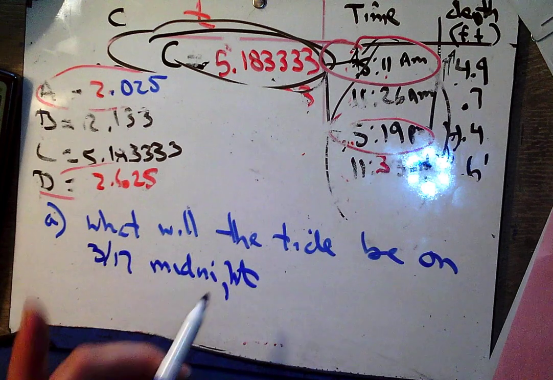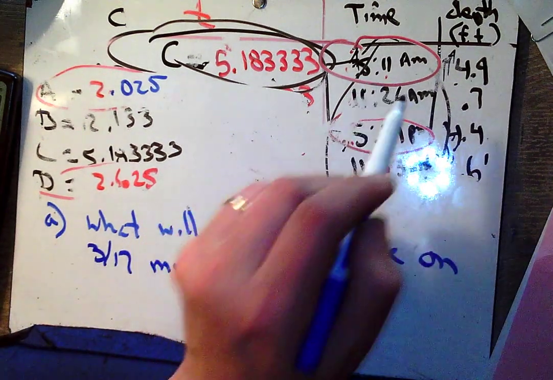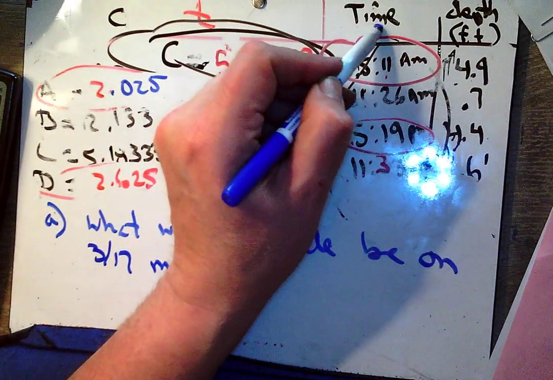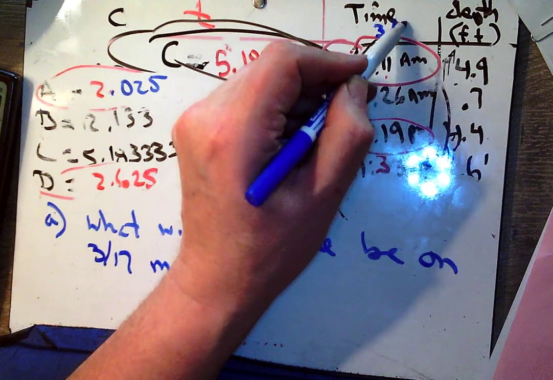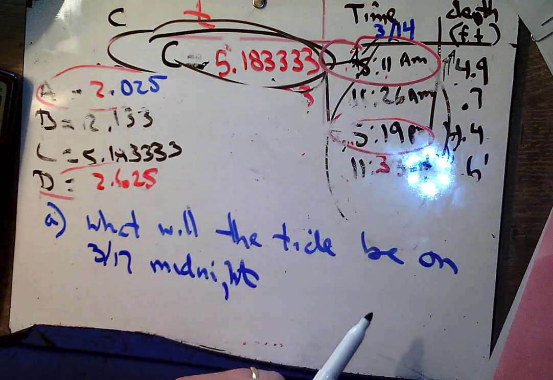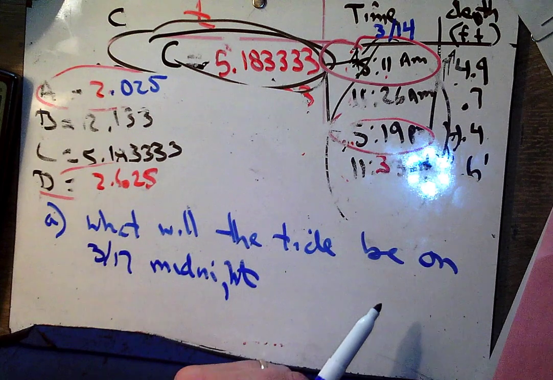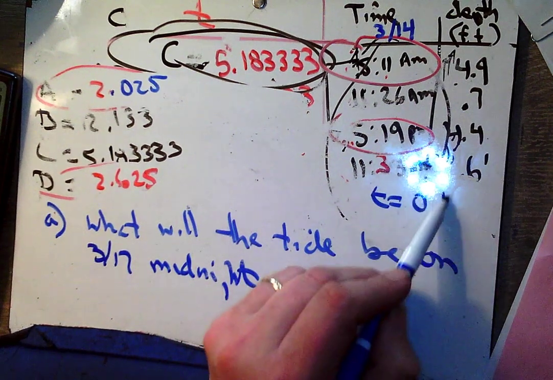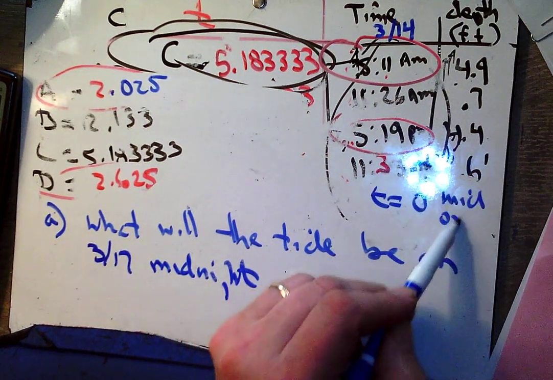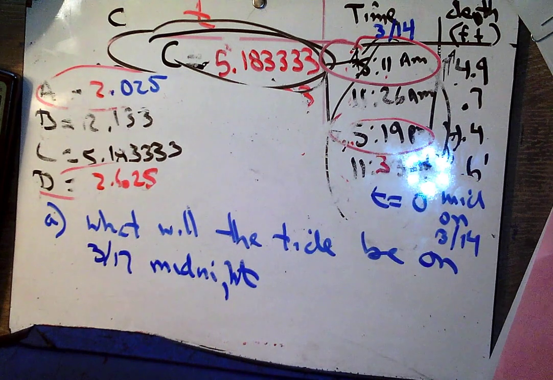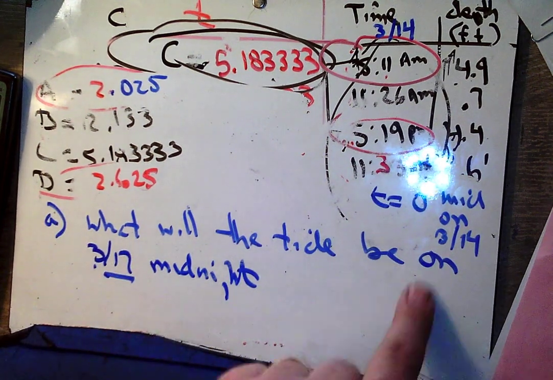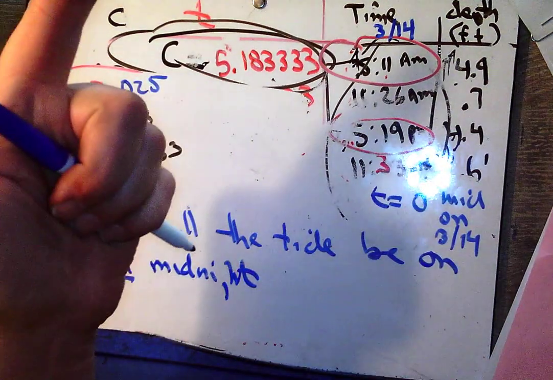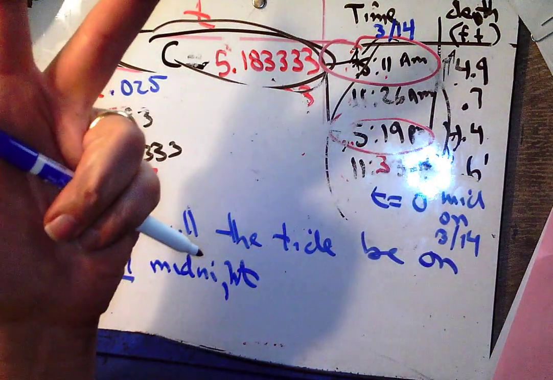Okay, so this, by the way, is 3/14. Well, I know t equals 0 is midnight on 3/14, and I want midnight on the 17th. 14th to 15th, 15th to 16th, 16th to 17th.